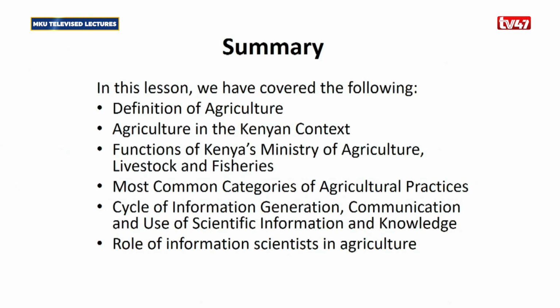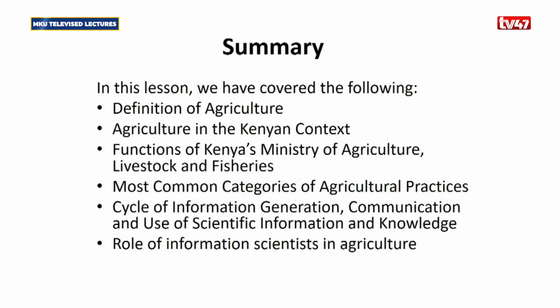Now, in summary, in this lesson, we have covered the following. We have defined agriculture. We have looked at agriculture in the Kenyan context. We have also examined the functions of Kenya's Ministry of Agriculture, Livestock and Fisheries, of which we have seen they coordinate the information generation and also the information dissemination.